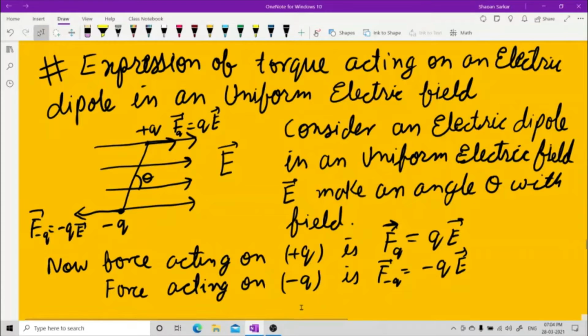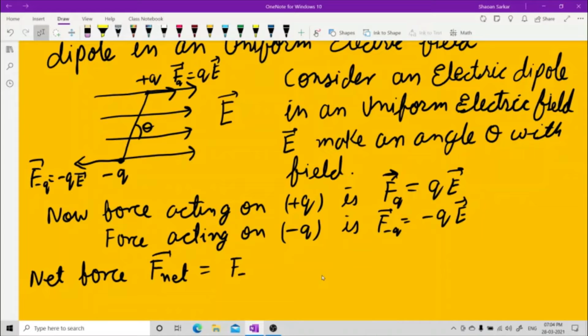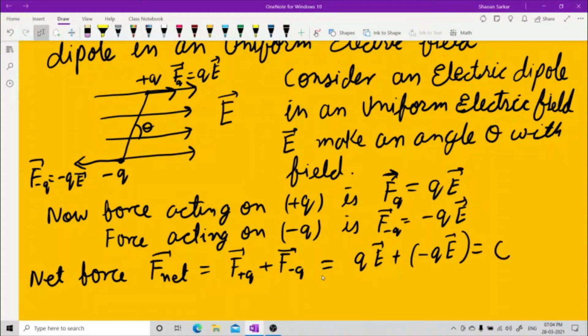Now the net force, or the total force, F net is equal to F due to plus q plus F due to minus q. This is equal to qE vector plus minus qE vector. This gives you 0.